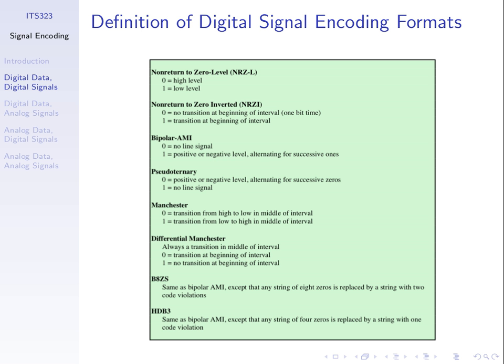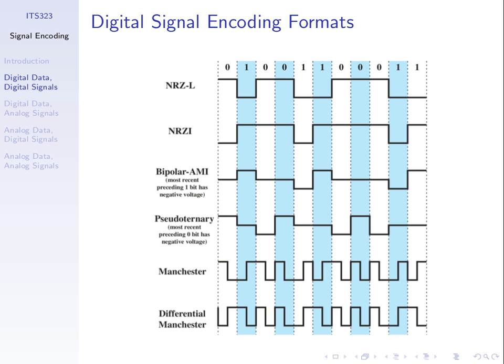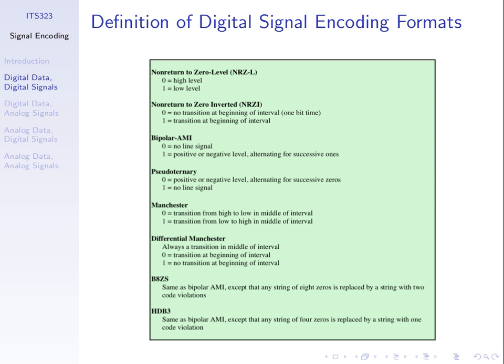What do we get with a bit 0? Where do we start? I think we start at a low level, as we see here. Start at a high level. Assuming we start, or the previous level was high, with a bit 0, the rule is that we're going to have a transition in the middle, and we're going to have a transition at the start.